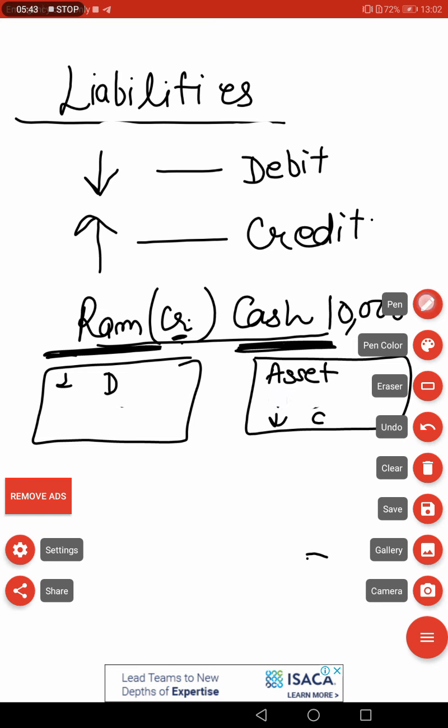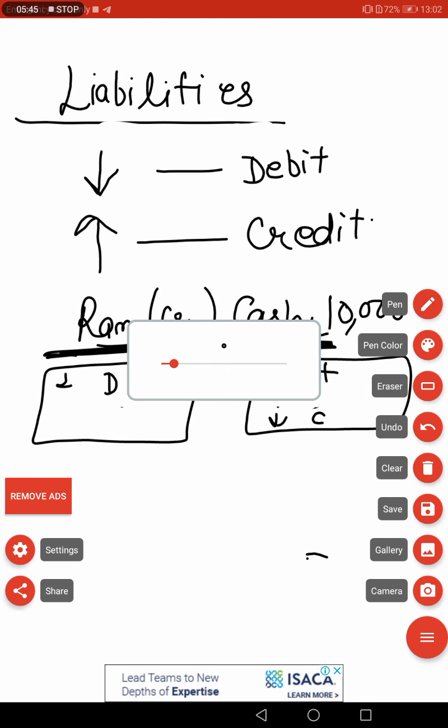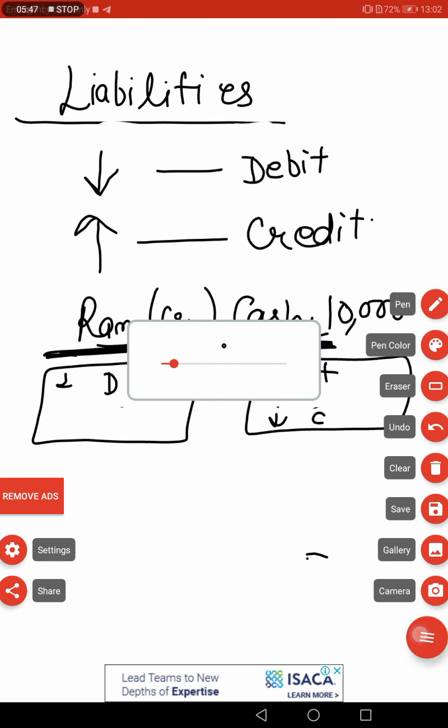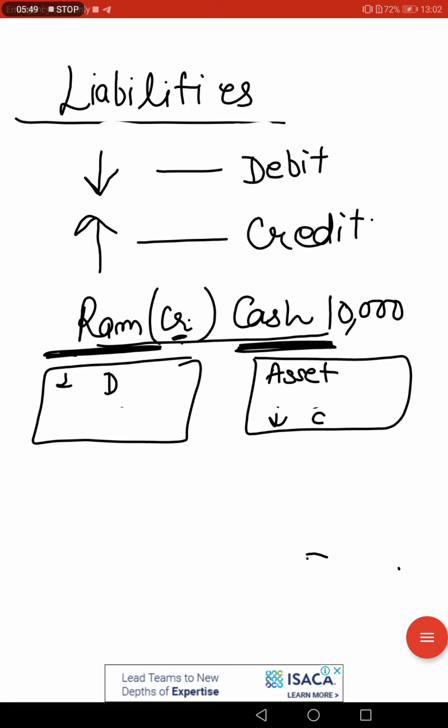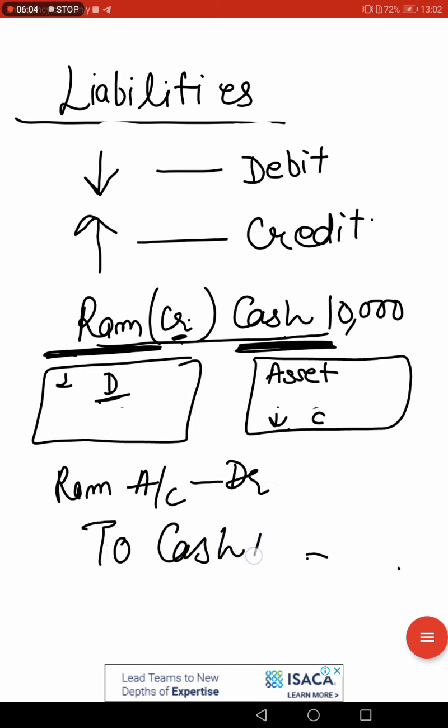Making the payment will reduce the cash balance for the company. So the entry will be, Ram account debited to cash account, and the amount is 10,000. Done.